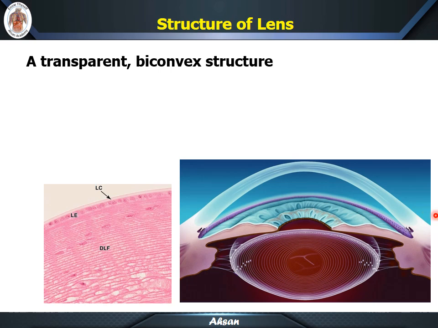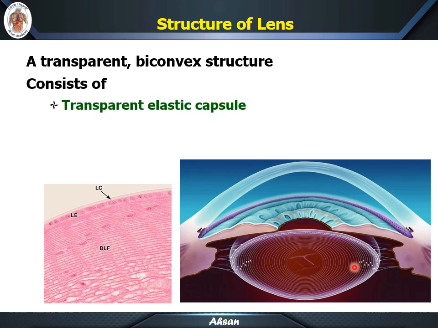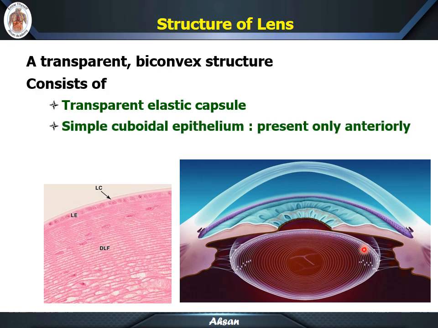It's a transparent structure, biconvex in nature, composed of a transparent elastic capsule, and inside there is simple cuboidal epithelium present anteriorly, and posteriorly these cells become very long.